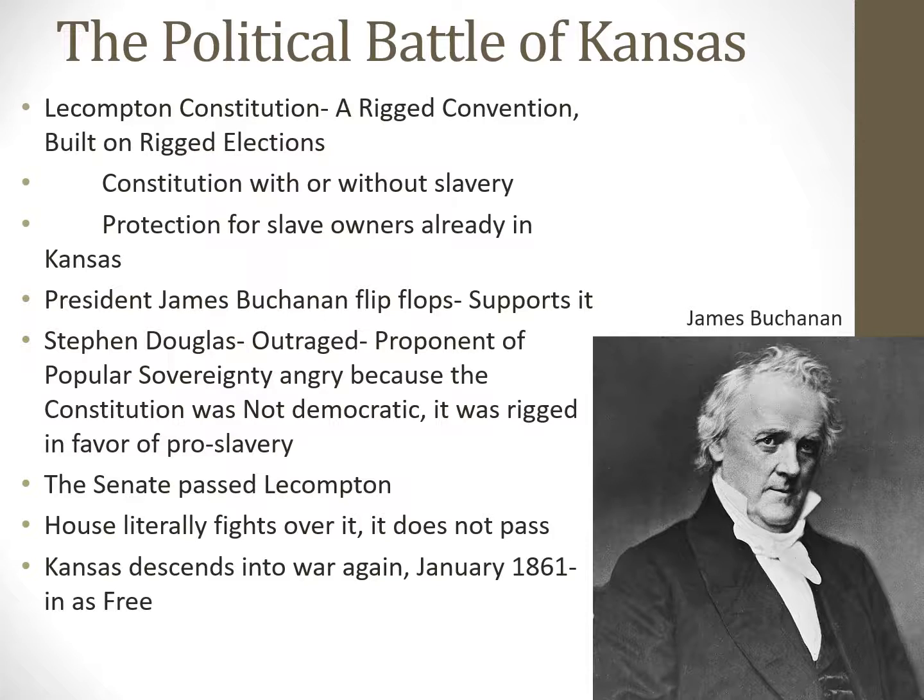So this convention proposed a constitution that would be with or without slavery, which on the surface sounds fair enough. Fine, let's vote on it, even though the chance of having a fair vote at this time was a pretty far stretch, because they hadn't had a fair vote yet.